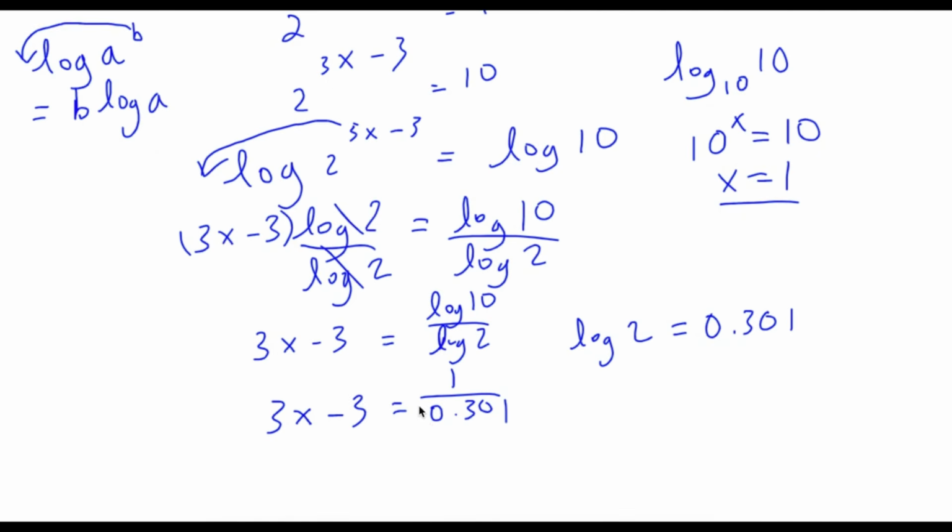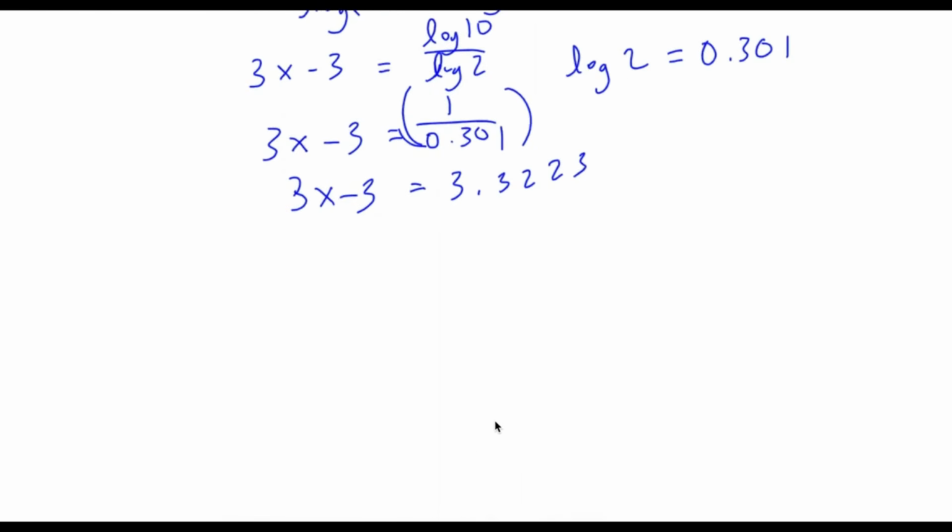Now, 1 over 0.301 is equal to approximately 3.3223. So now we have 3x minus 3 is equal to 3.3223. So I can simply add 3 on both sides.